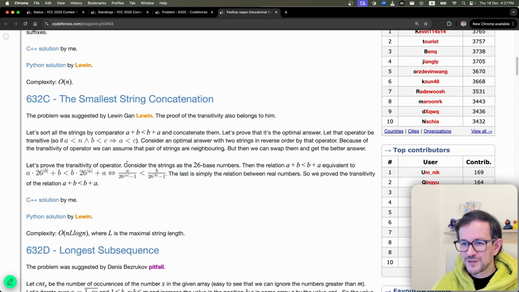Okay, I like this proof. So you can prove it by looking at strings as numbers. Every string you can consider as a number base 26, and then you have something like this. That's nice. I didn't know about this proof. I like it.